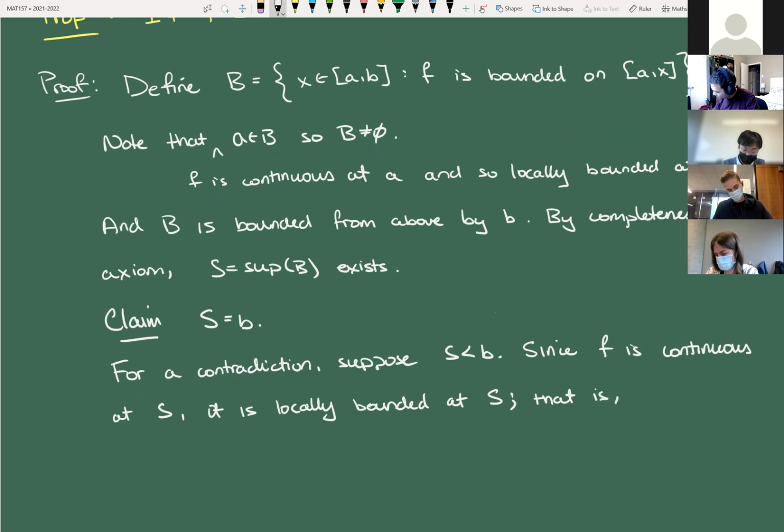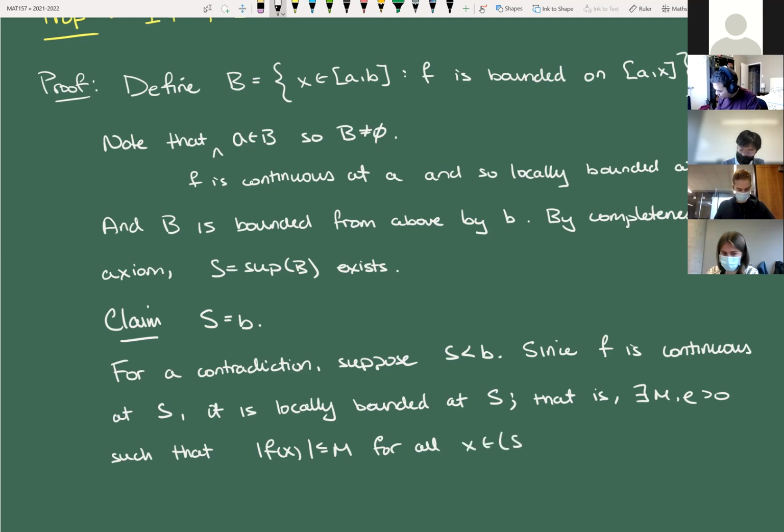That is, there exists some m greater than 0. Let's say m and rho, for all x in S minus rho, S plus rho.